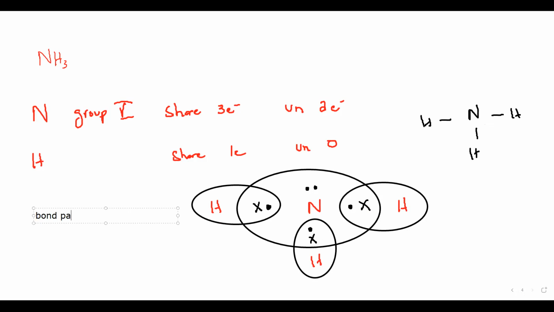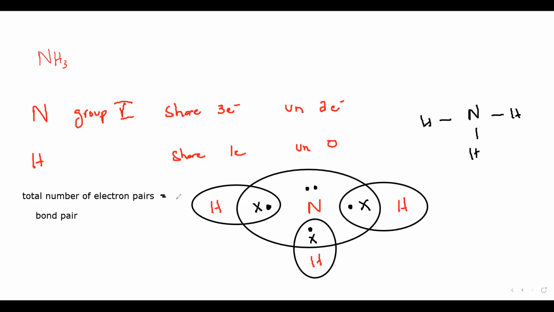So how many bond pairs are there? So there are three bond pairs. The total number of electron pairs is equal to 4.